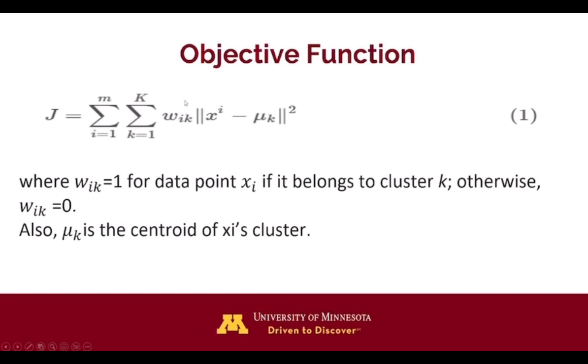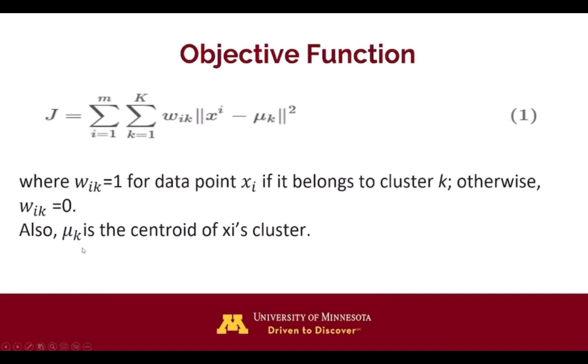If you take a look at the objective function, we have w_ik, which is going to be 1 for a particular data point if it belongs to cluster k, otherwise it will be 0. Don't forget, using this clustering algorithm, there's nothing like overlapping. You get what I mean? A point can only be in one cluster. If you're in this cluster, then you are not going to be in the other one.